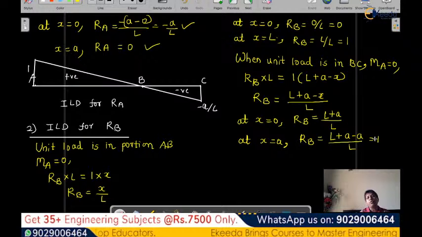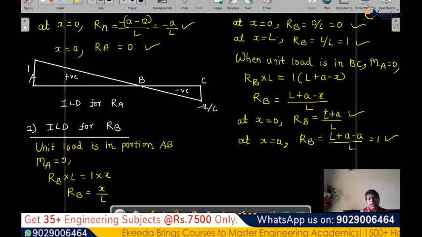So we got these values. Now when you see the values here, it is 0, it is 1, and here it is L plus A by L, which is little more than 1. And this is the 1 ordinate.